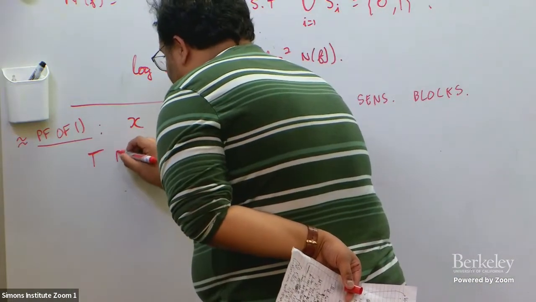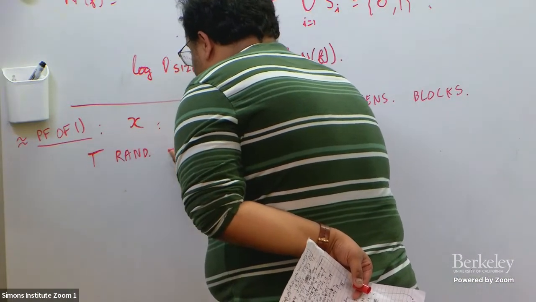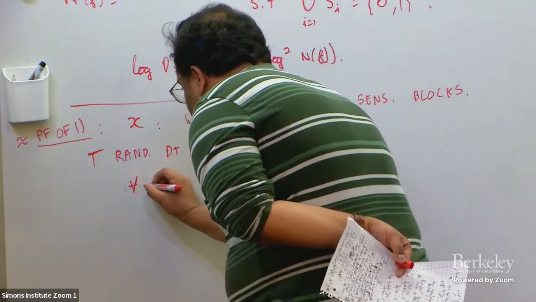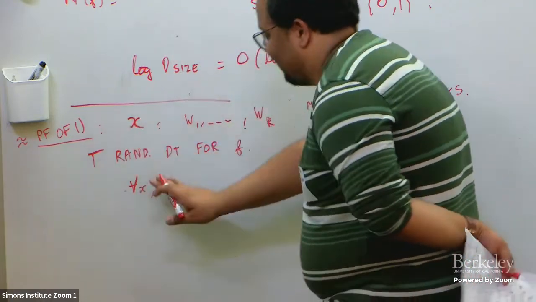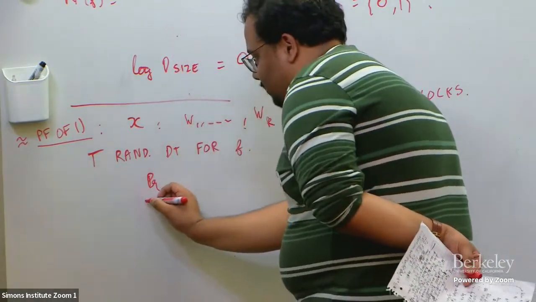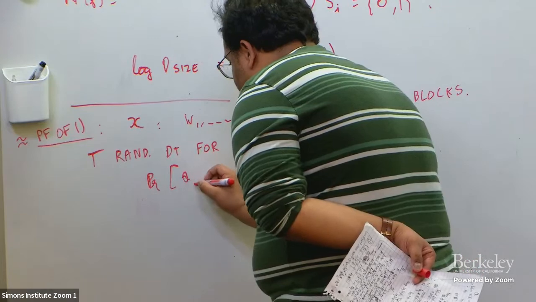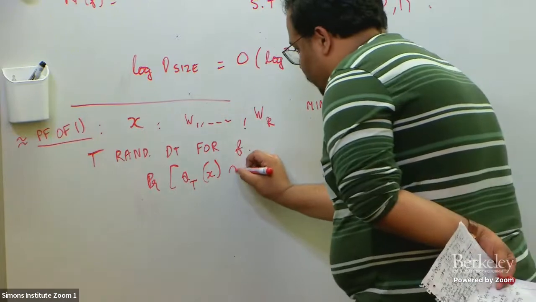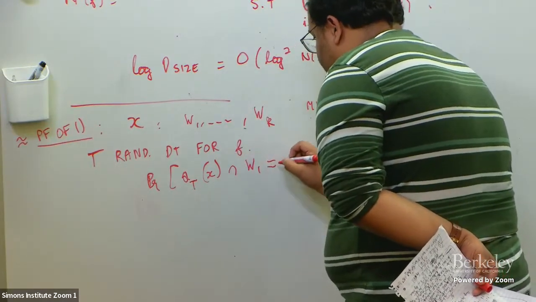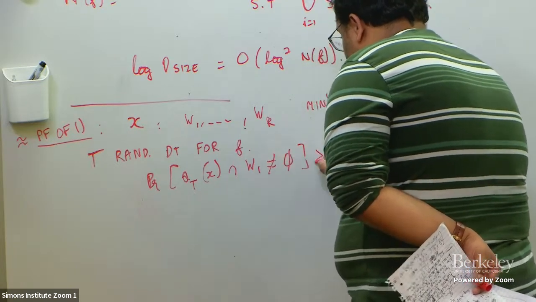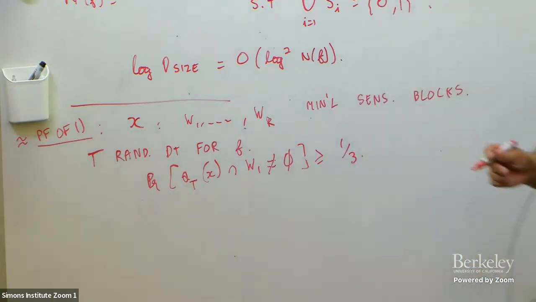Let T be a randomized DT for F. So for all X, I've fixed an X, let's work with this X. The probability over the randomness of the tree that on input X, you have queried a variable from W1 is at least 1/3. Okay, maybe I can leave this here for a second.